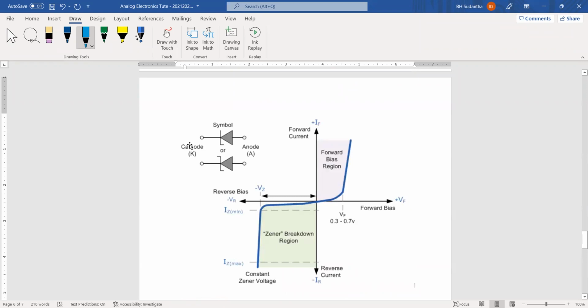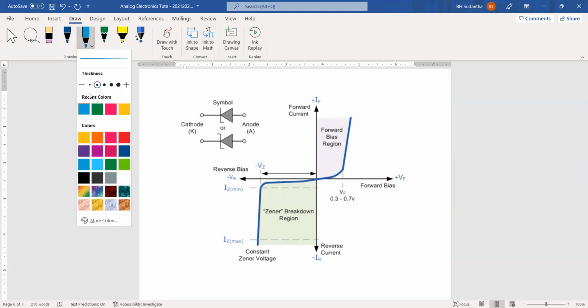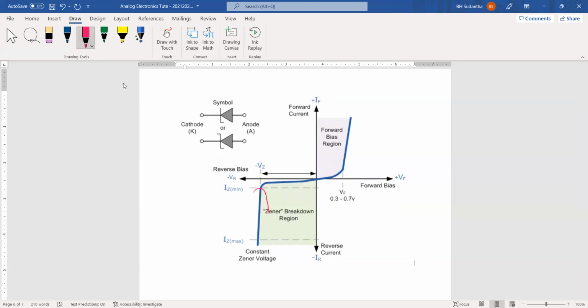It's taken from the web, and you can here see the Zener breakdown region. This is IZ minimum and IZ maximum. This is the region we can use for this Zener regulation region. Okay. Within this region, we can use this as a regulator.